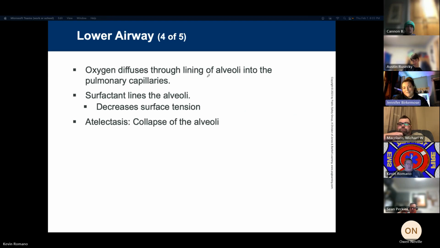Gas exchange is difficult. They're not getting the oxygen. Exactly. And Jen, this is what happens next. Atelectasis happens, and then the alveoli collapse. This will turn into a pneumothorax eventually.